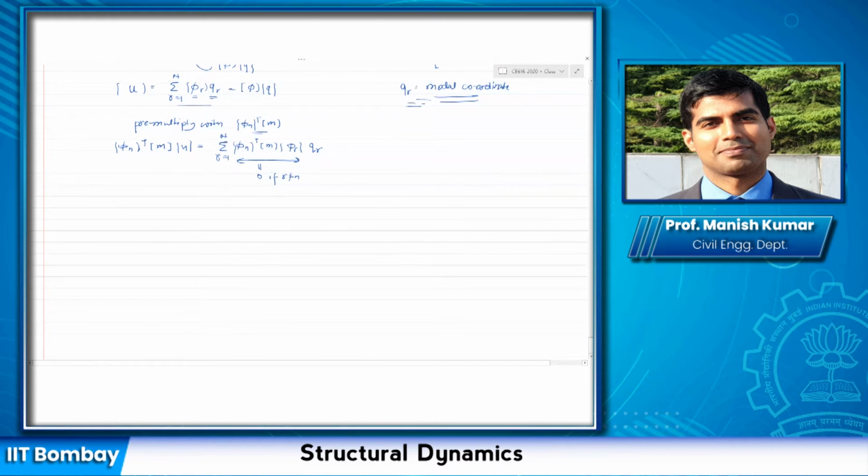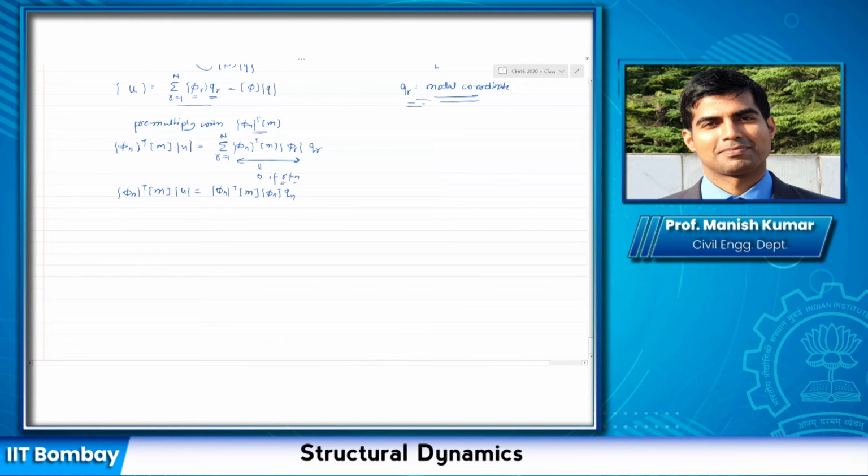Let me write that again. This times m times the vector u, which is the total displacement, is equal to, only r equal to n is going to remain. So I can just substitute r equal to n in this expression, and the rest of the terms would be equal to 0. So this would be phi_n transpose times m times phi_n times q_n, because r equal to n here.